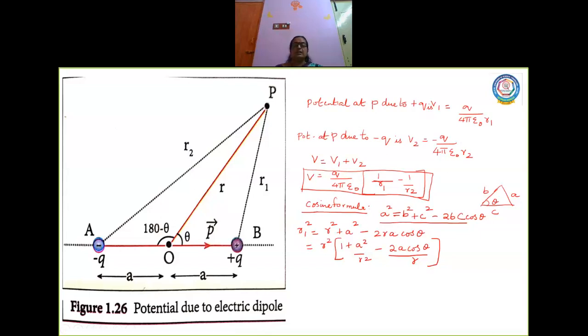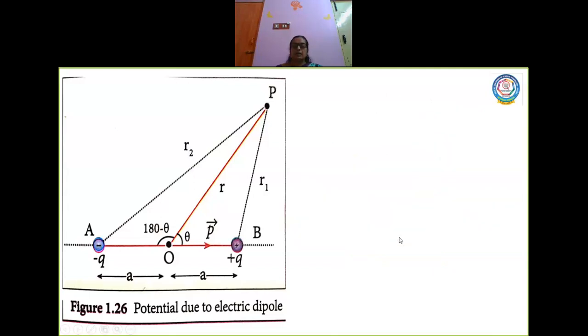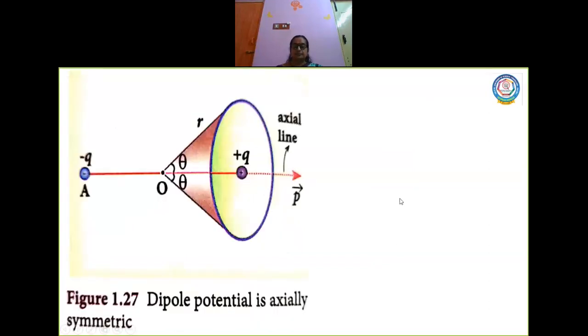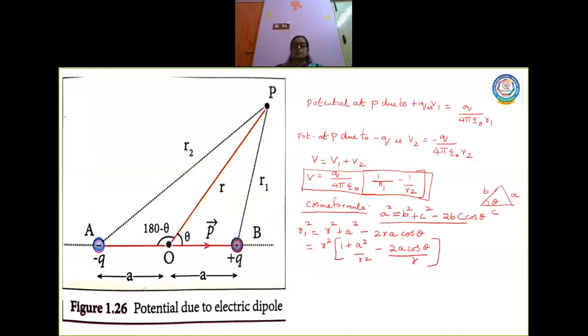So when I take r square out, the first term becomes 1, the second is a square by r square, and in the third, 2ra cos theta divided by r square, one r gets cancelled. So I have 2a cos theta by r. Hope you understood this.